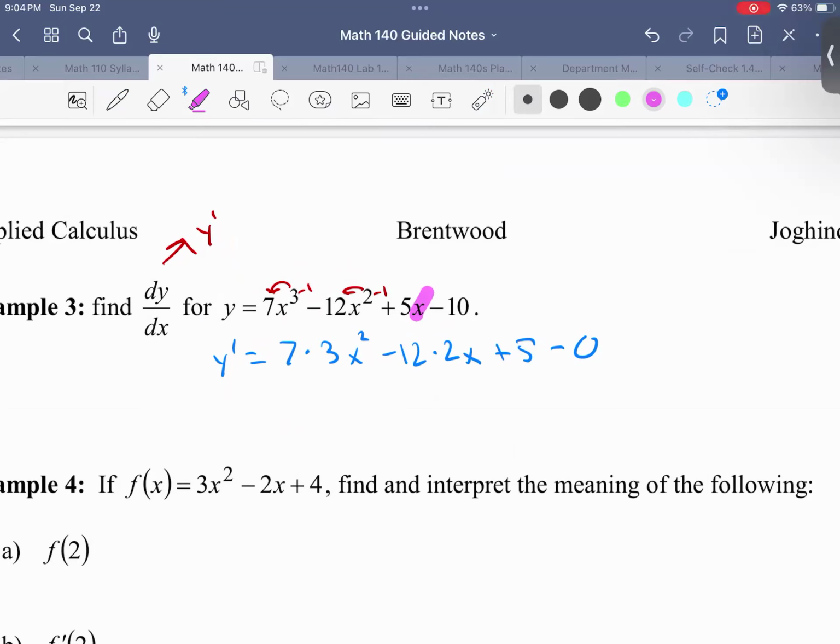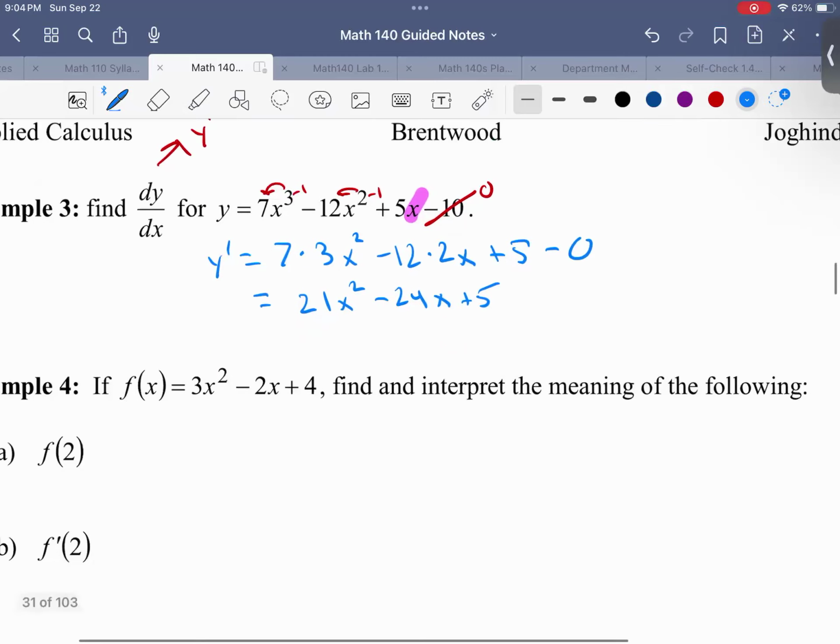And the derivative of a constant just becomes 0. Okay, so just putting a bunch of these rules and properties together and simplifying a little bit, this becomes 21x squared minus 24x plus 5. And that's my derivative.